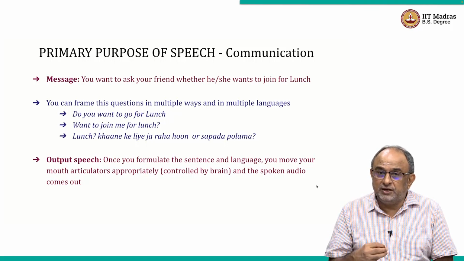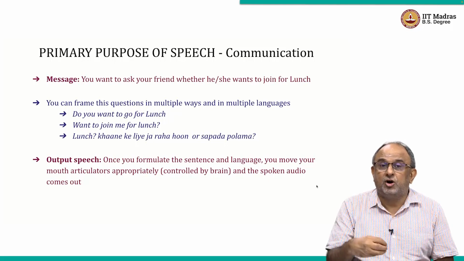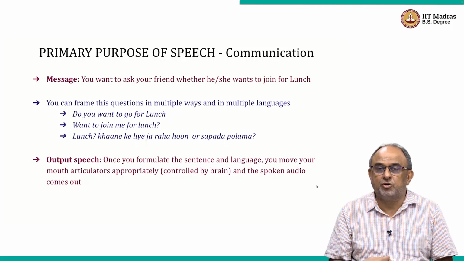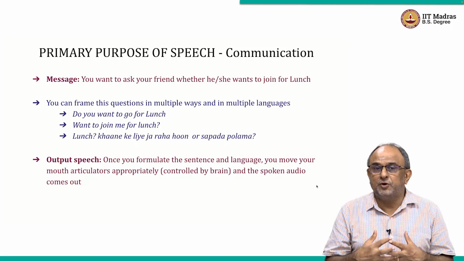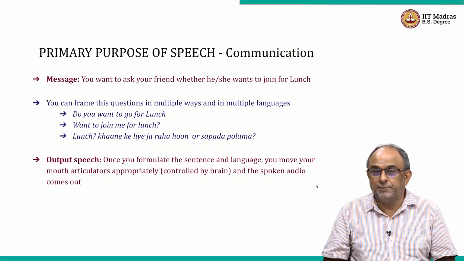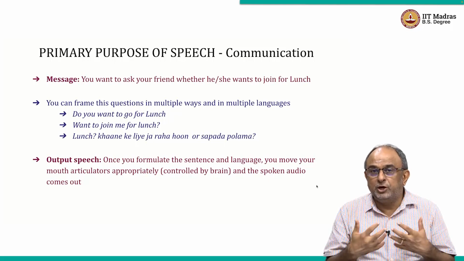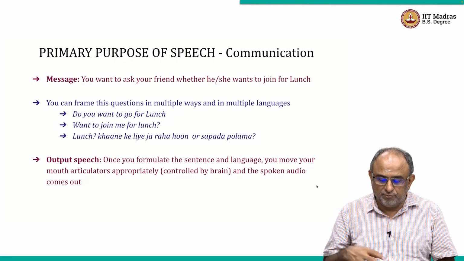I am communicating to somebody, so there is an important part: there is someone sitting on the other side who needs to receive this information. When I speak, there is the aspect that I am generating a message, but there has to be a receiver for the message, somebody who can listen and then act upon that message. So we have both entities that are very important.